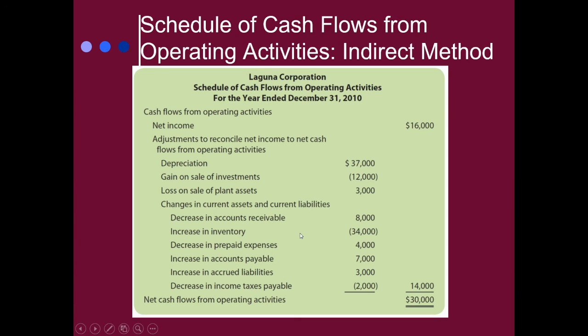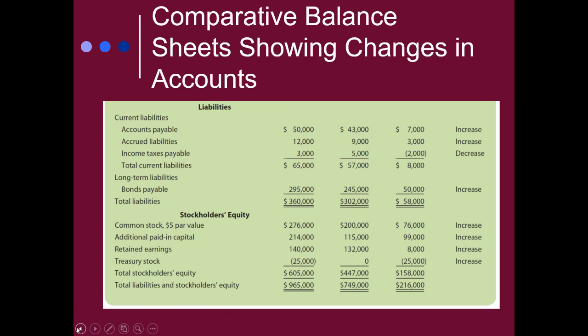Now look for the items under the current liabilities. Look at the amount of changes and the effect of changes. For current liabilities, there will be accounts payable, accrued liabilities, and also income taxes payable. So this is the amount of changes and this is the effect.